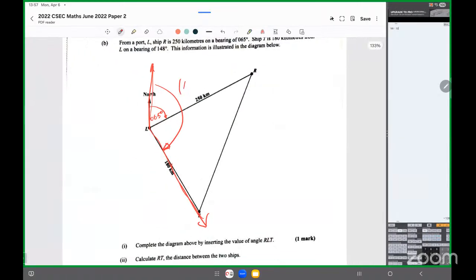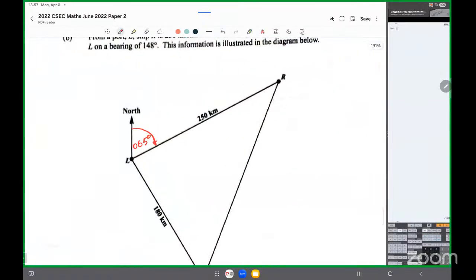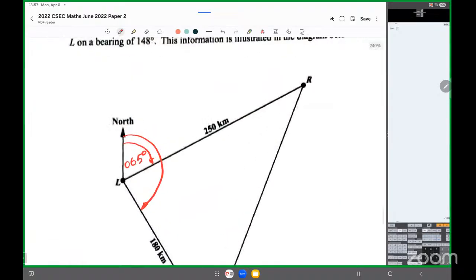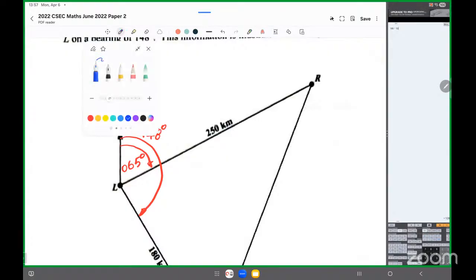Let's put that one on the diagram neatly, down here. So clockwise around to here, that one now is 148 degrees.